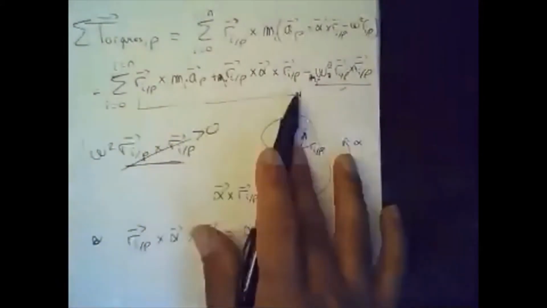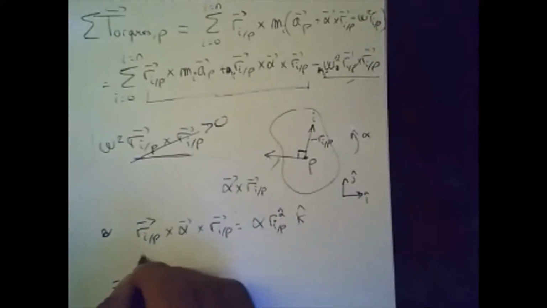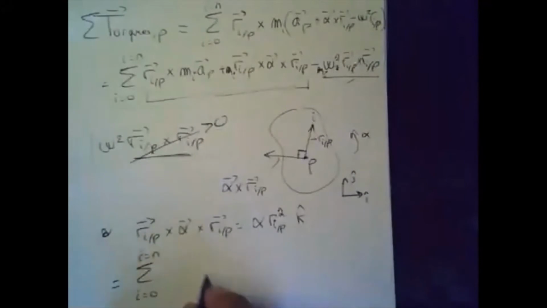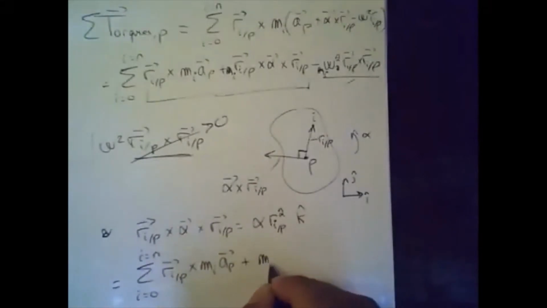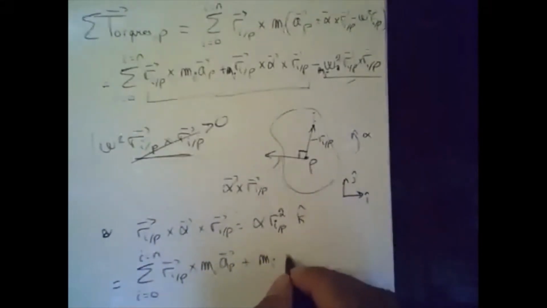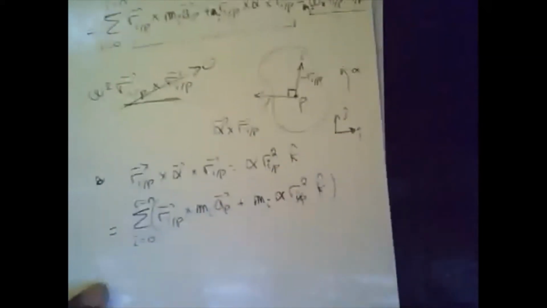Okay, so let me come back here and rewrite that. What are the torques equal to? The torques are equal to the summation from i equals 0 to i equals N of R_iP cross, m_i is a scalar so you could move it anywhere, a_P, plus m_i alpha R_i with respect to P squared k, all done together.